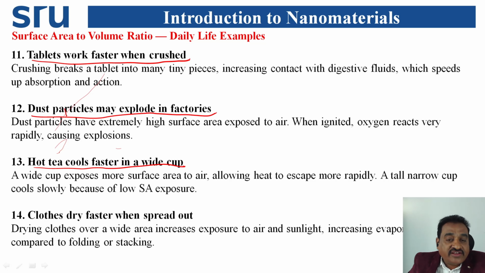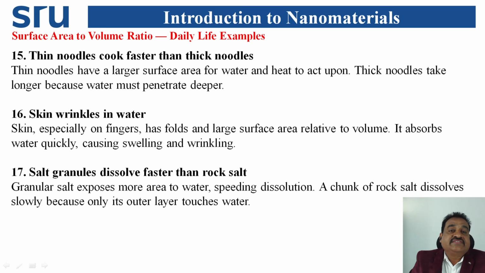Clothes dry faster when spread out. So the 14th one, you try to see here. Drying clothes over a wide area increases exposure to air and sunlight, increasing evaporation rate compared to folding or stacking. Thin noodles cook faster than thick noodles.